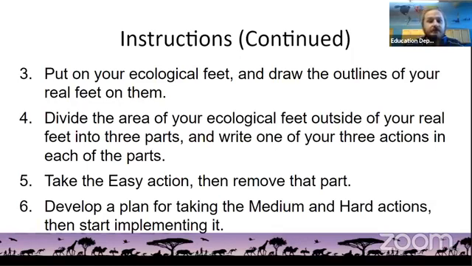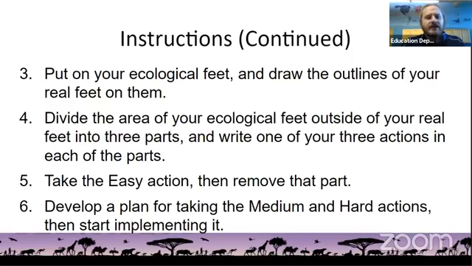So to do this, first of all, put on your ecological feet and then draw the outlines of your real feet on them to get a sense of the difference. And then all of that space that's outside of the outline of your real foot, but still on the ecological foot, divide that into three parts. And I'll show you how I did this in a moment, but there's really no right or wrong way to do that.